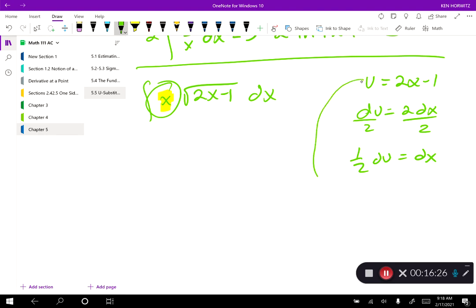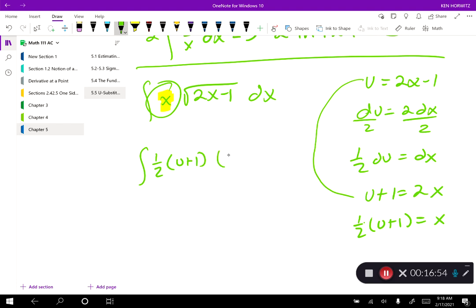However, I'm going to take this equation and solve for x. So I have the integral of 1/2 times u plus 1 times u to the 1/2 power.